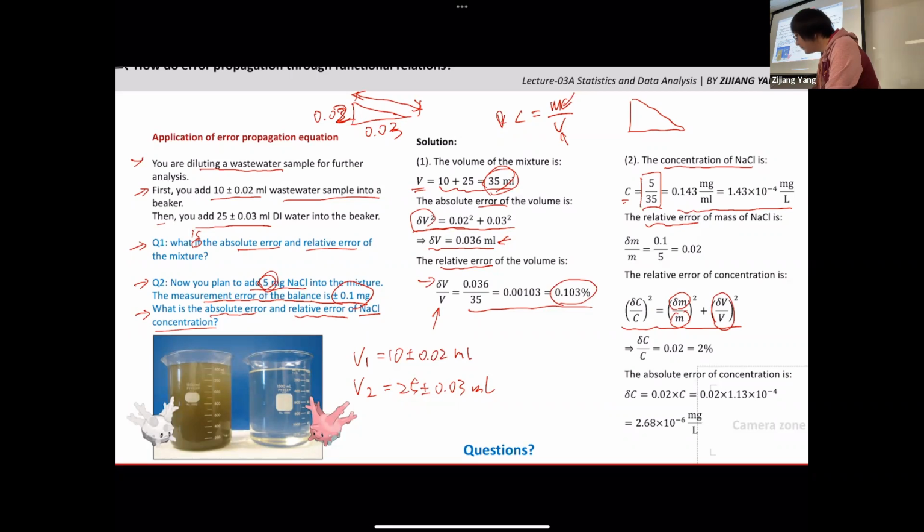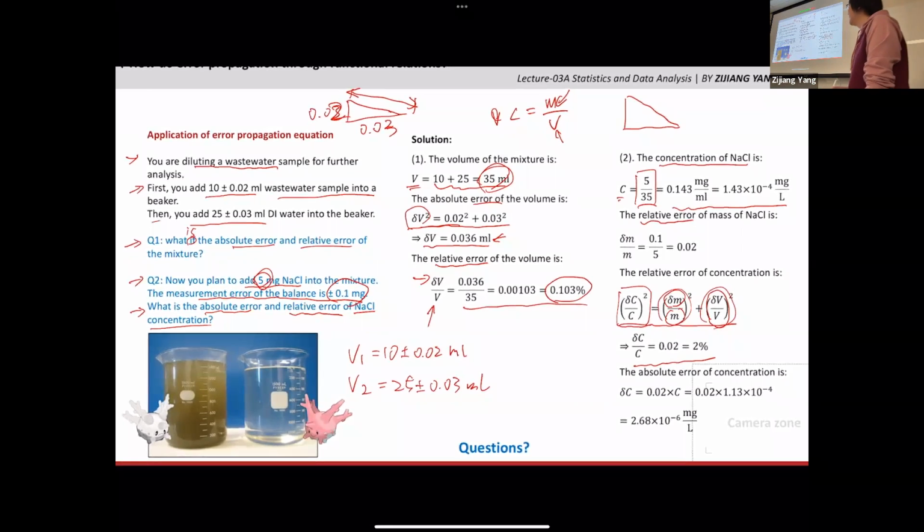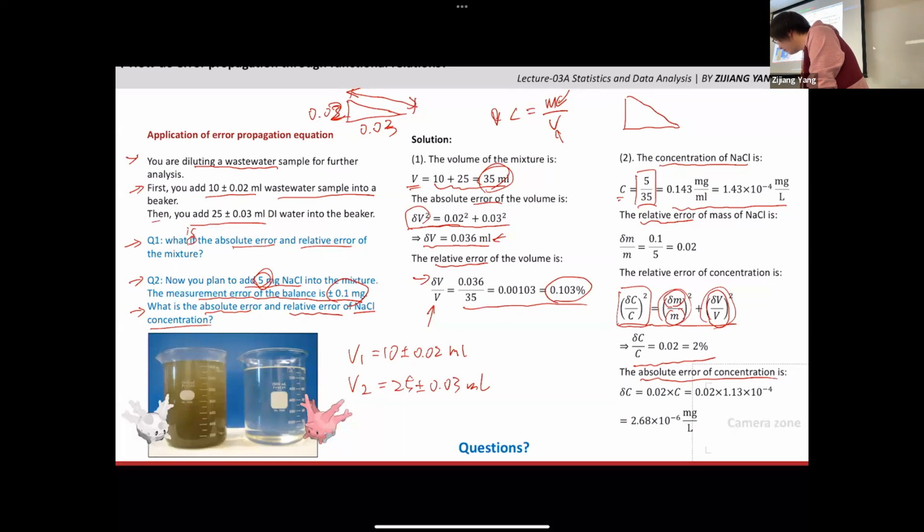So all of the terms on the right side are known, and we can calculate the value of the left side, which is here. Note that we just take off this square. So the relative error is 2%. Then we can calculate the absolute error, which is just 2% times the value of C. And the result is this.